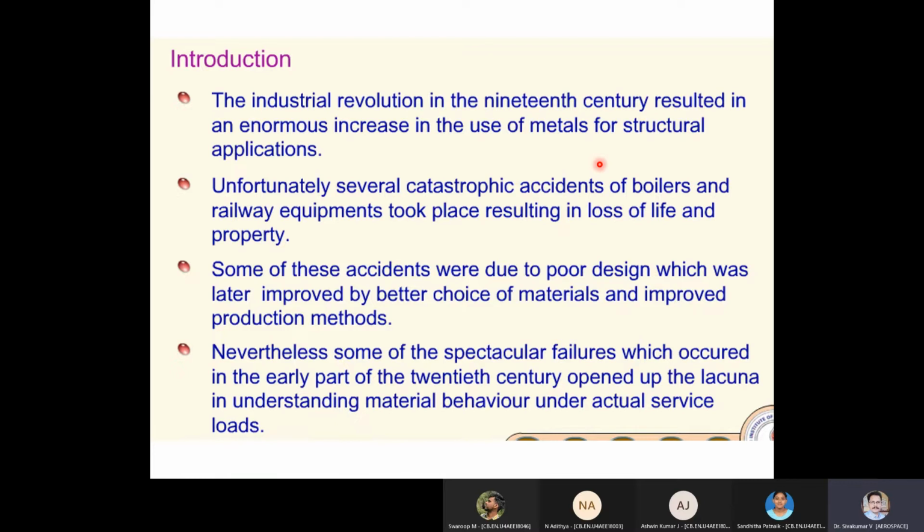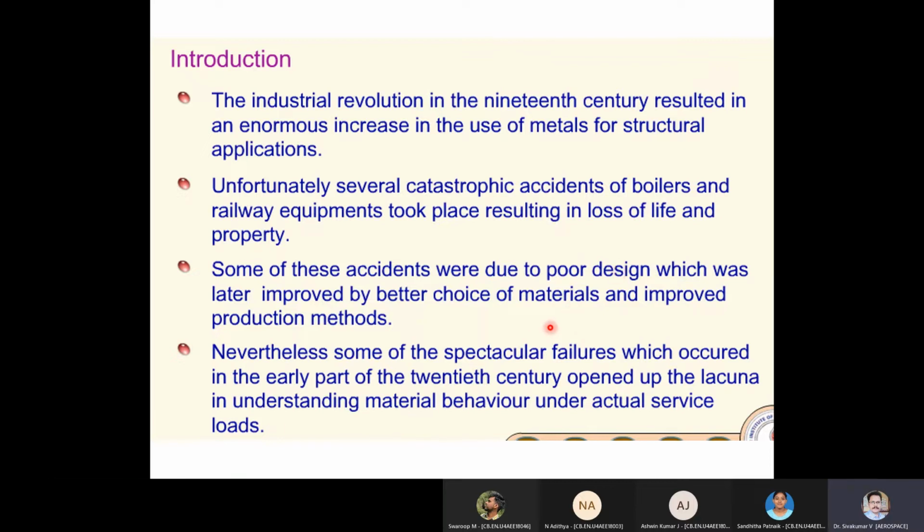But because they had very inferior knowledge of metals and materials, at the end of the day they had several catastrophic accidents. Catastrophic accidents means unpredictable accidents, of boilers and railway equipment, and due to that they lost a lot of life and property in the 19th century.